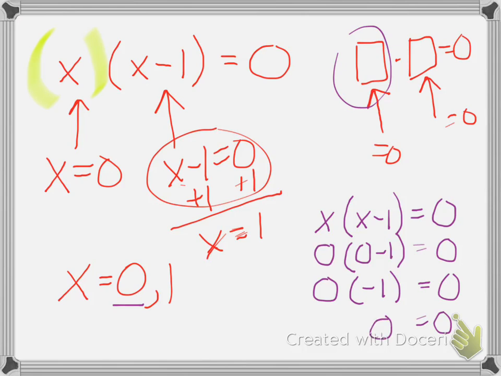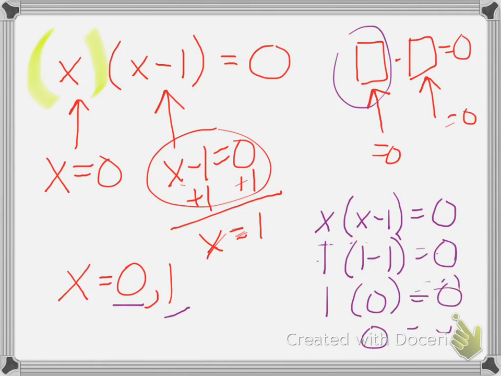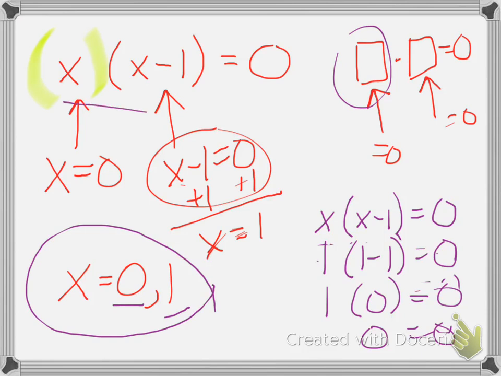So 0 makes it true. Now I can recheck with 1. So 1 times 1 minus 1 equals 1 times 0 equals 0. Yep, that worked. So I know these are the two answers that make this equation true. So my answer is 0 and 1.